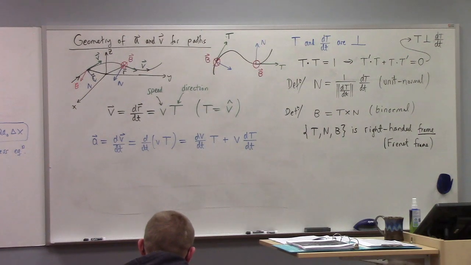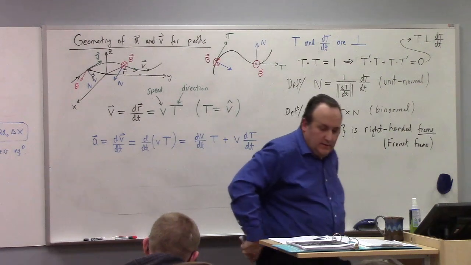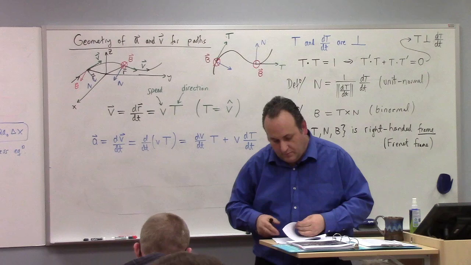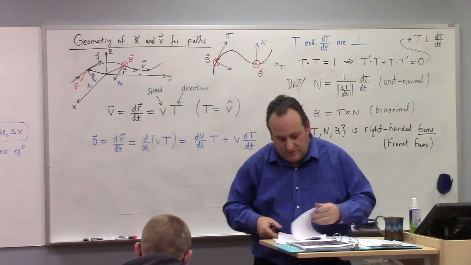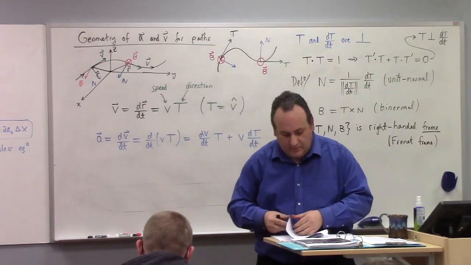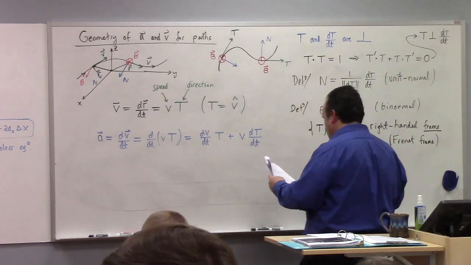We're getting there. So it turns out that when you study the Frenet frame, they have to satisfy these equations that are known as the Frenet-Serret equations. The Frenet-Serret equations relate the, let me write them down here.